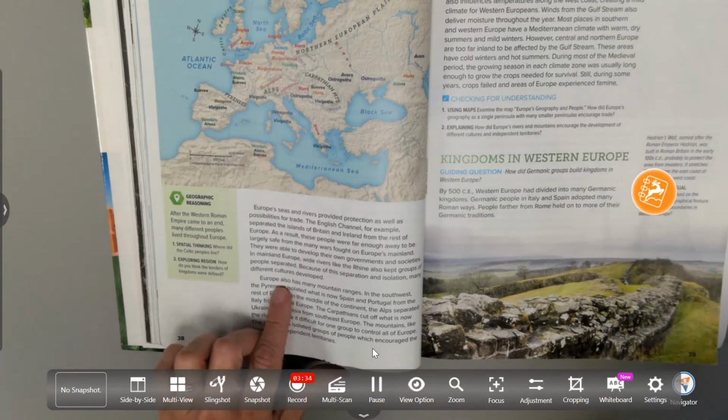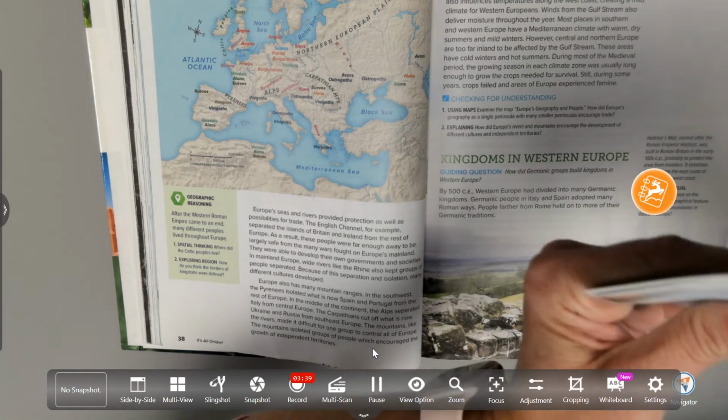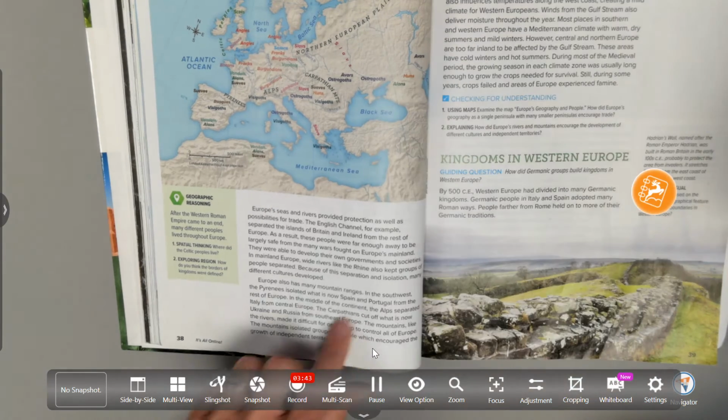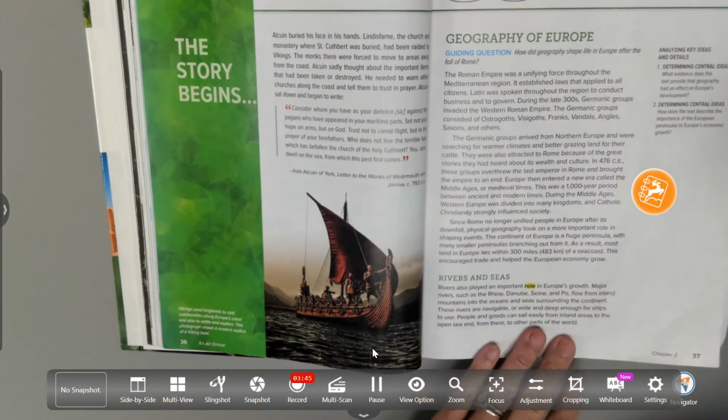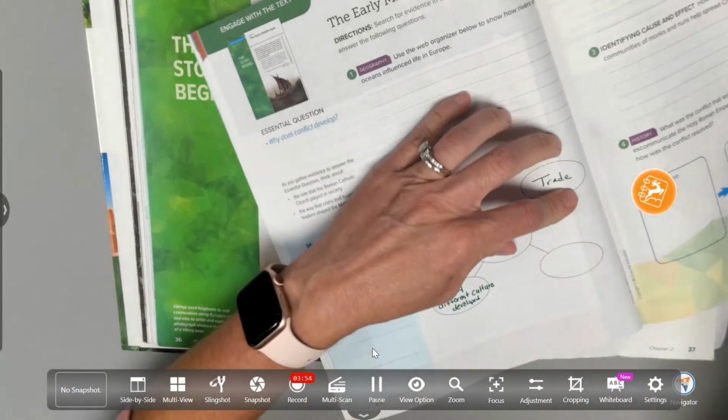It says Europe also has many mountain ranges, which, all right, we're going to stop there. We're not going to talk about the mountains. Also, it talked about traveling, so it enabled people to travel the oceans to find new lands. So exploration could be one.